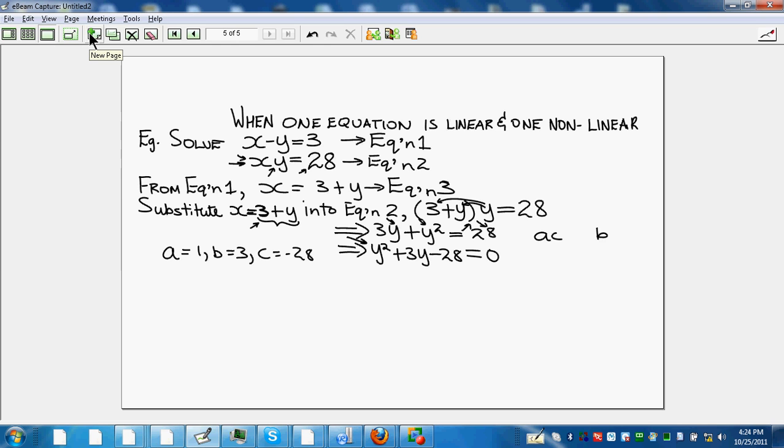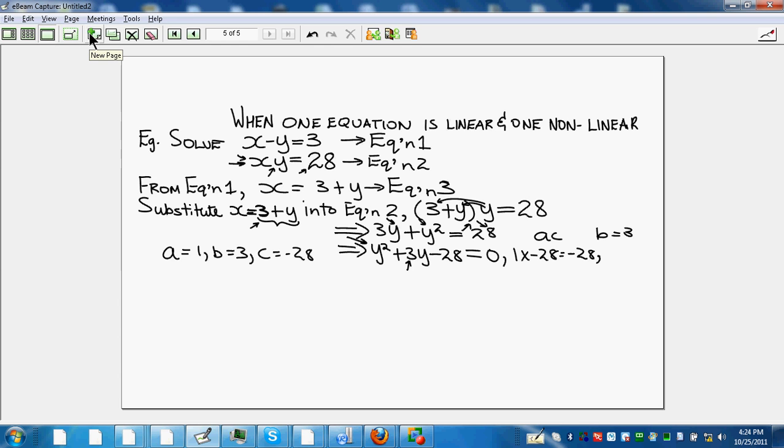AC in this case would be 1 in front of the y squared by minus 28, which is minus 28. And B in this case is the number in front of y here, which is 3. So I have to find the factors of minus 28 that when added together give me 3.